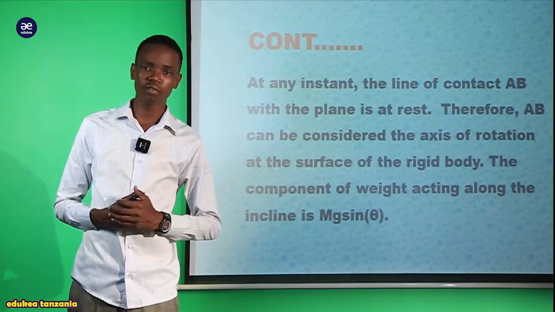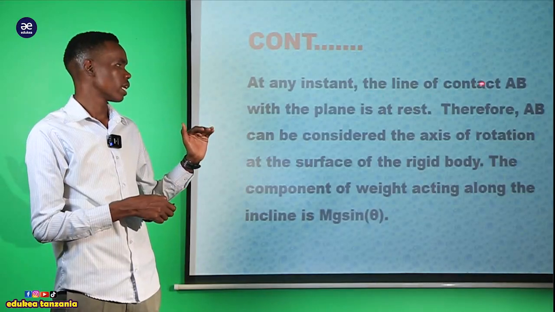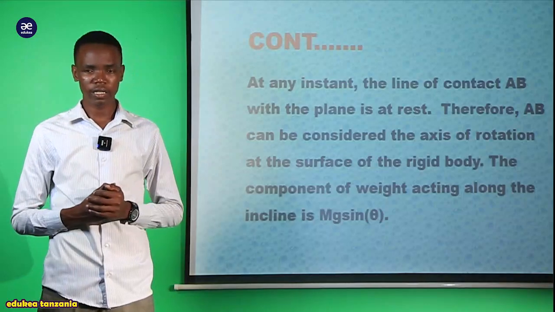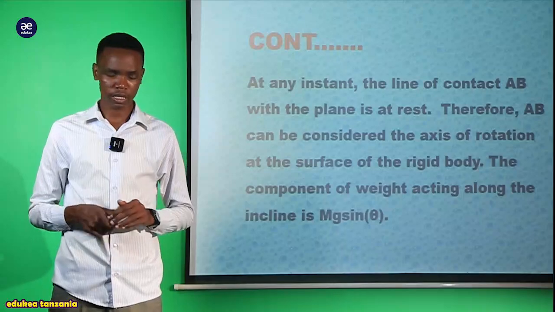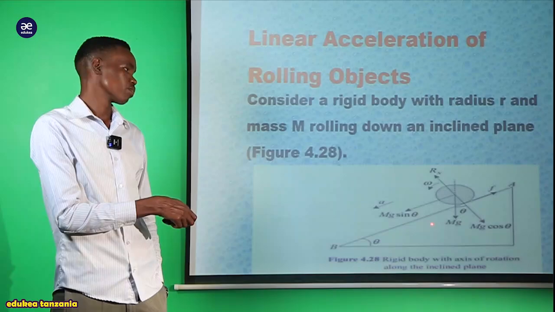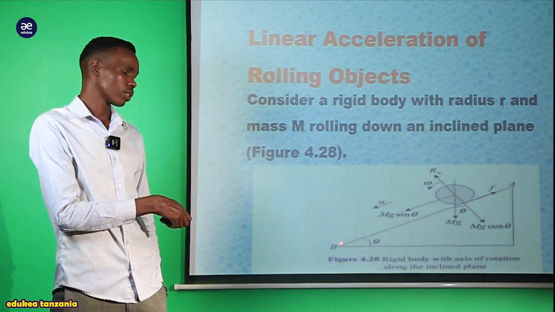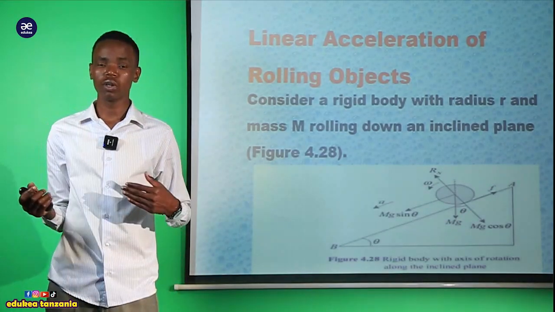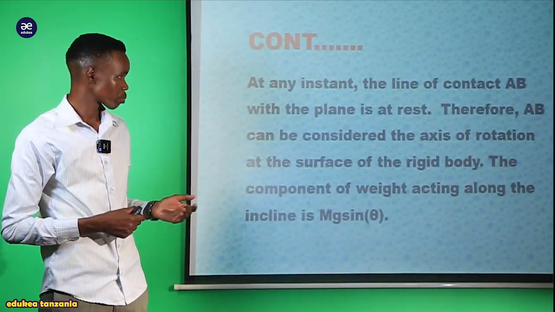So what we observe here, my lovely students, is that at any instant, the line of contact AB with the plane is at rest. At any instant, that line of contact with the plane is at rest. It means that there is no sliding of the object as it rolls on that inclined plane.